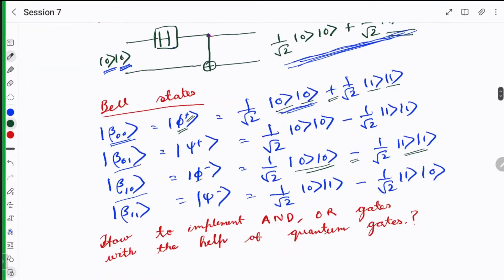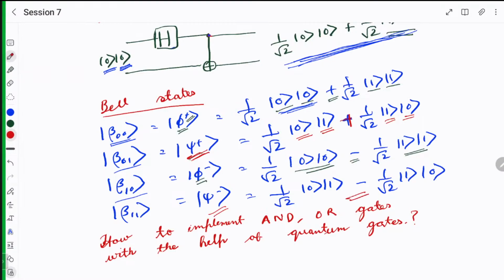And the psis are the ones which contain, sorry, I think I have written this wrongly. So this is 01 plus 10. So psi plus, for example, contains 01 and 10, a superposition of those states.